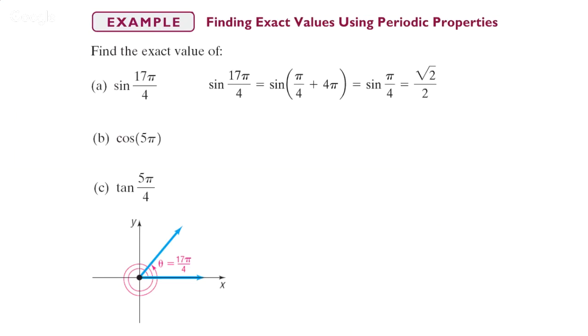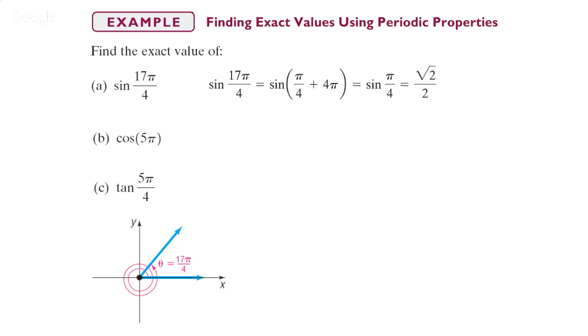So 17 pi over 4 and pi over 4 have the exact same value of square root of 2 over 2. Remember, pi over 4 is a 45-degree angle. A 45-degree angle is 1, 1, square root of 2, so sine is opposite over hypotenuse. So 1 over square root of 2, and you have to rationalize the denominator, square root of 2 over 2.